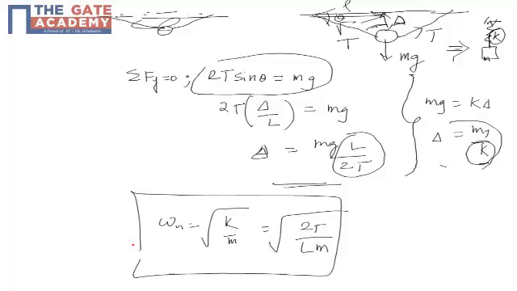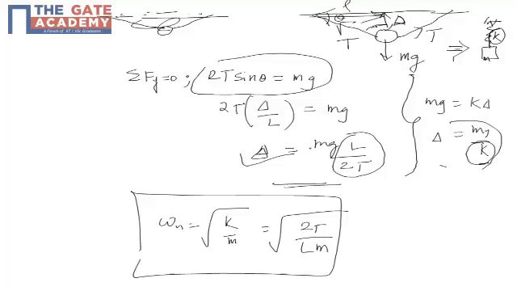Remember, for most complicated problems in natural frequency calculation, you just need to solve the static equilibrium equation, get the relation for static deflection as we did here, and then compare with the static deflection for a spring mass system.